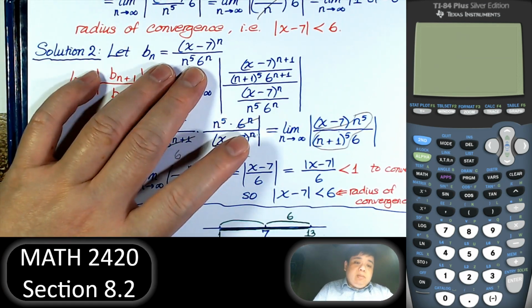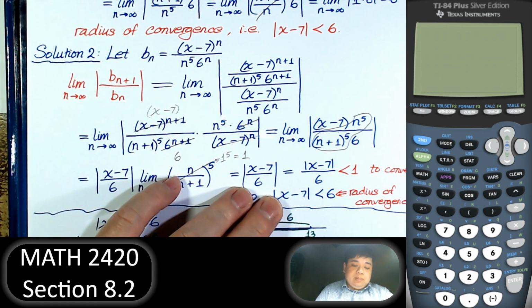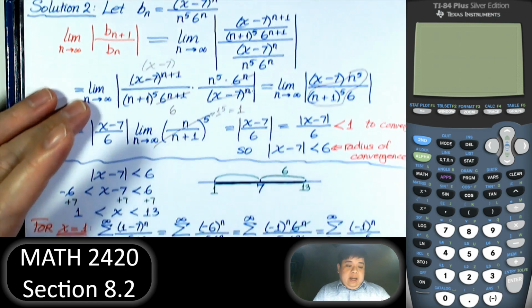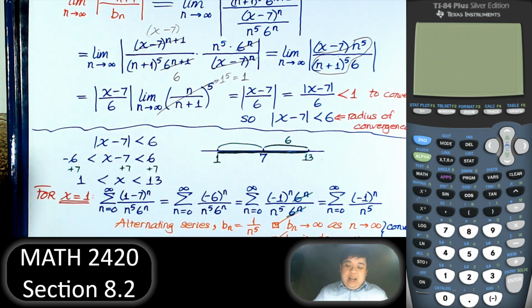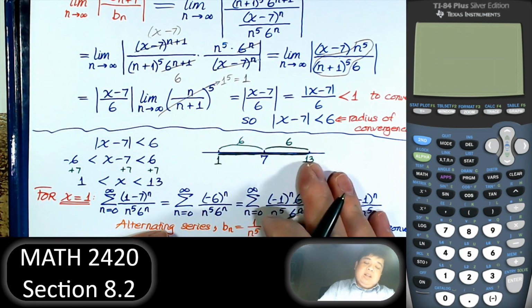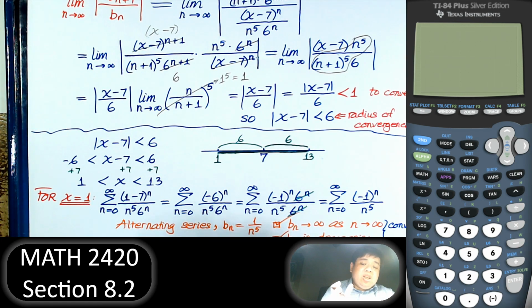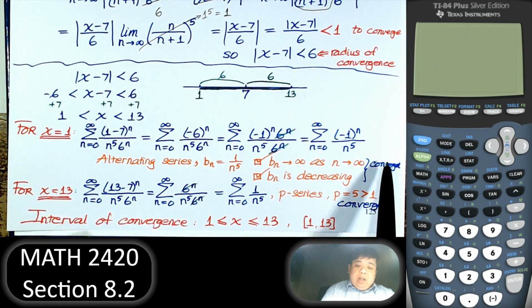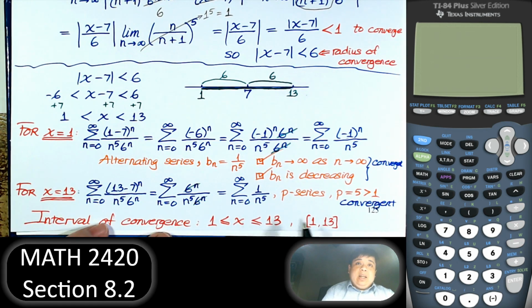If we include the power term, we have to do a little more work, but ultimately we should get the same thing. The center is 7, so it goes 6 on the left and 6 on the right. We have 1 and 13, so it is convergent between 1 and 13. We just need to know what happens at the boundary. At x equal to 1, we can show that it is convergent. At x equal to 13, that is also convergent. Put that together, it's convergent at 1 and 13 and anywhere in between.